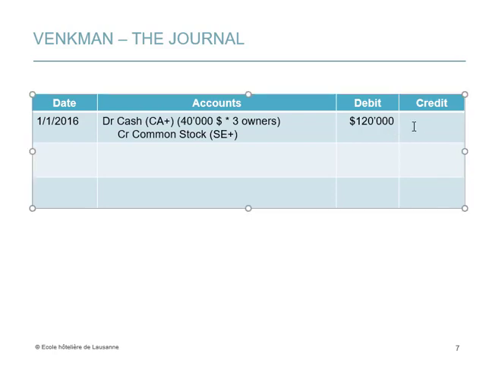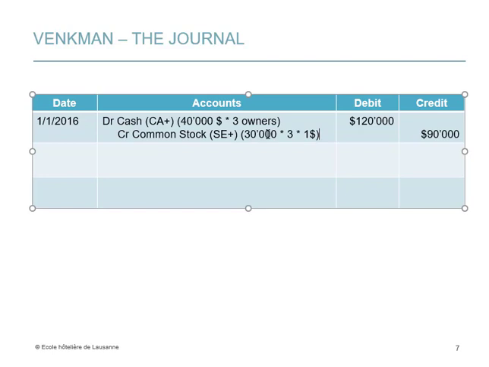So we'll record the common stock at $90,000. Once again, 30,000 shares multiplied by 3 owners and multiplied by $1 of par value gives us the common stock.